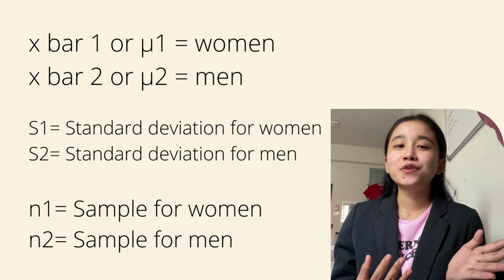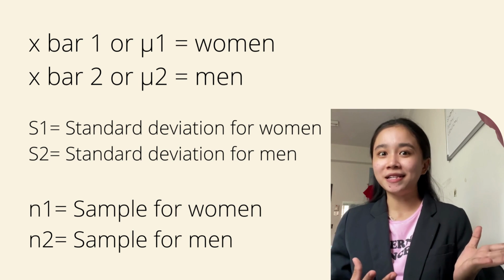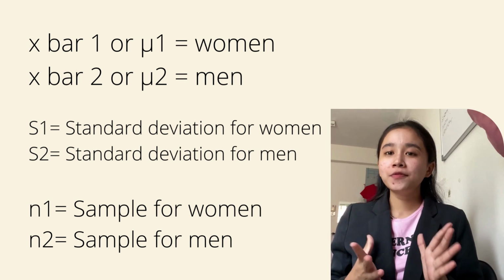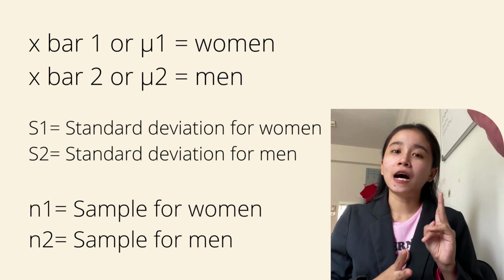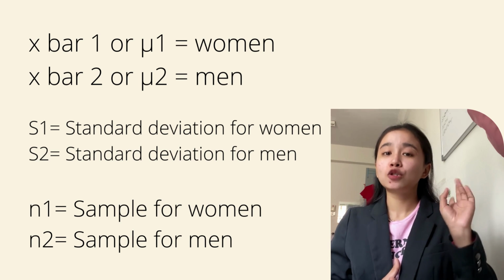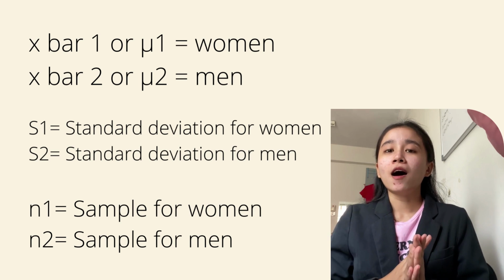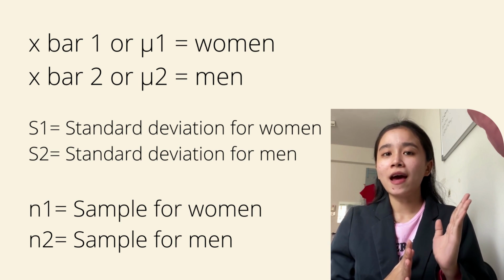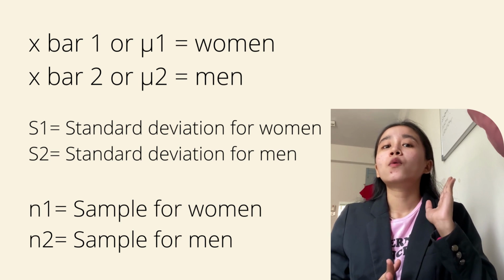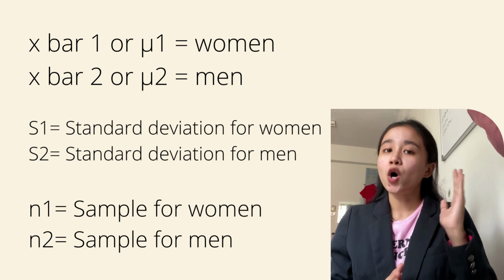So I will continue to present question number 2 after we do some analysis of this question. After analyzing question number 2, we know that the question is about a two sample test because we have women and men. The question also says that we need to determine whether women have a higher mean than men or not.